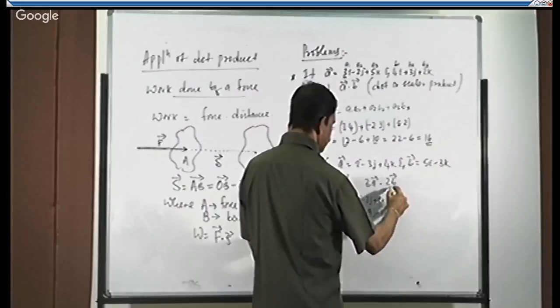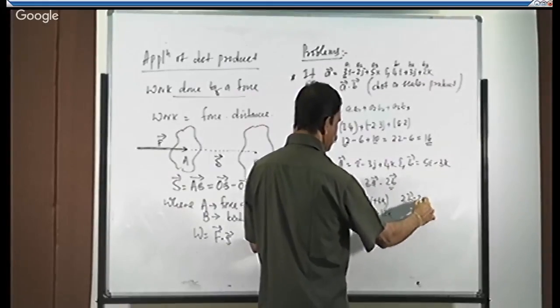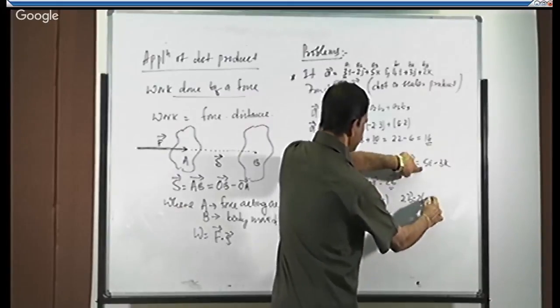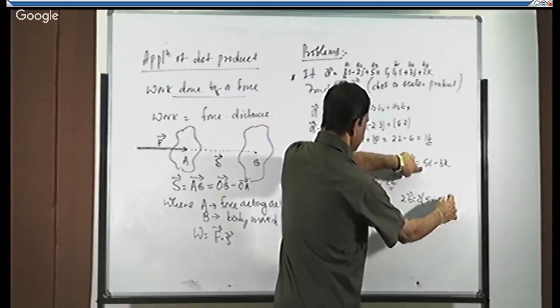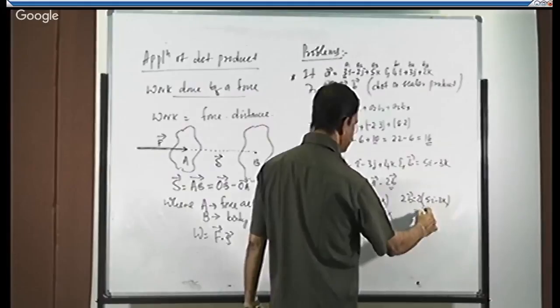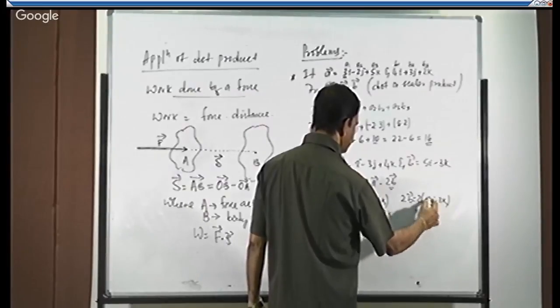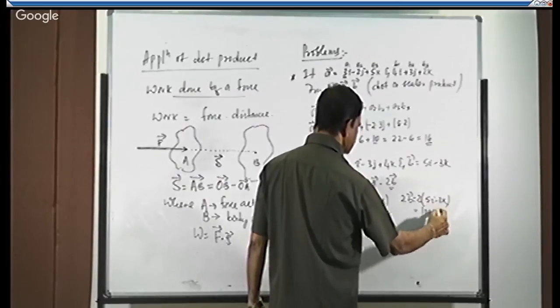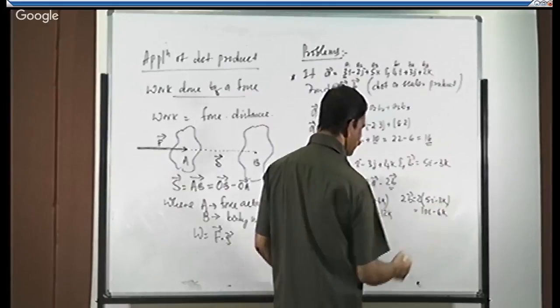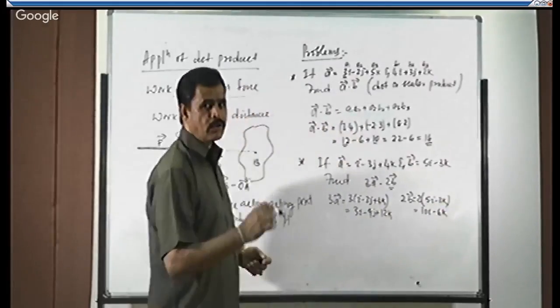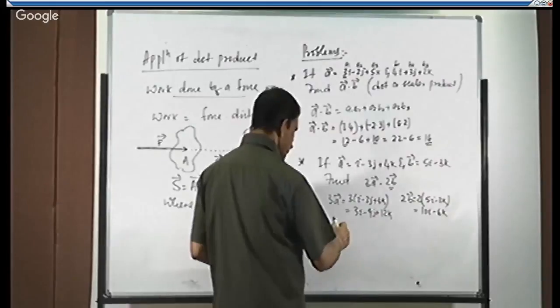Next, let us calculate 2B. 2 into B. What is B? It is 5i minus 3k, which is equal to 5 2s are 10i plus into minus, minus 3 2s are 6k. We don't have j terms, right? Then we have to put 0 into j.